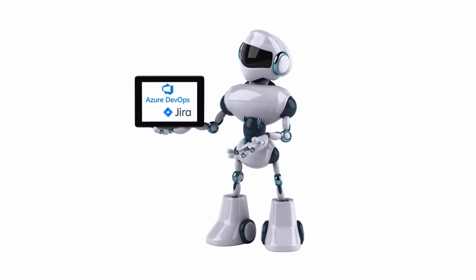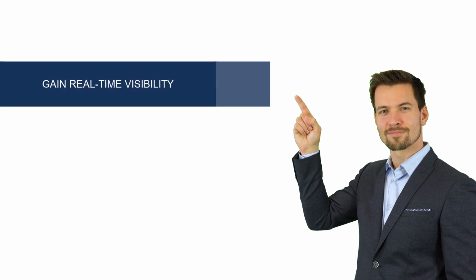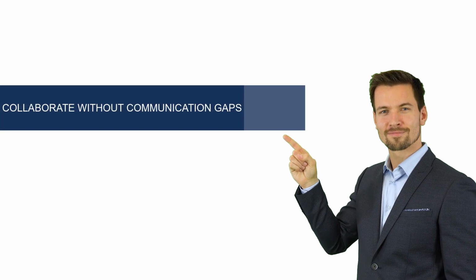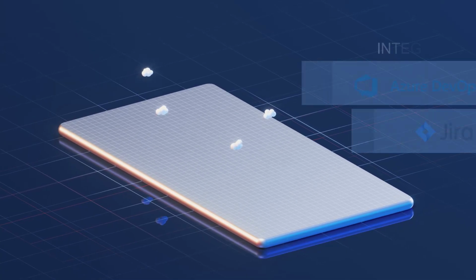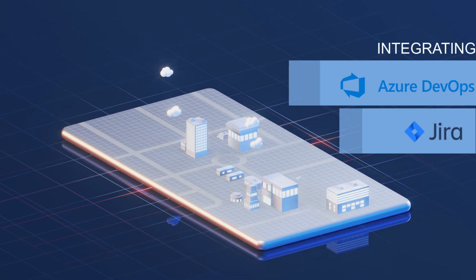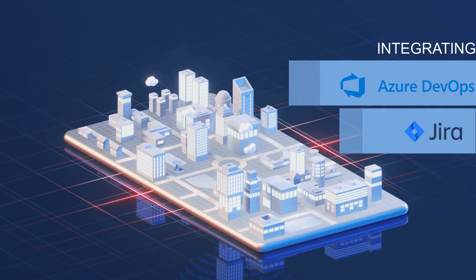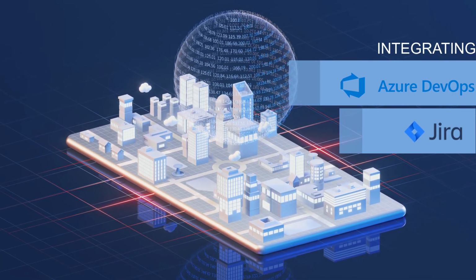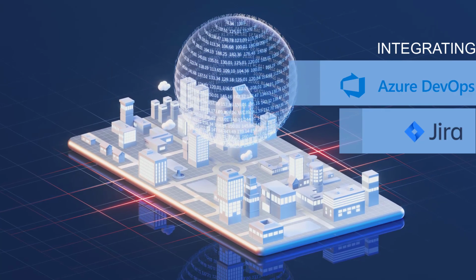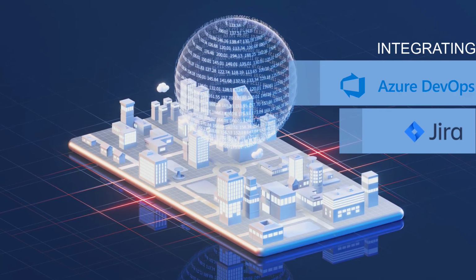Integrating Azure DevOps with Jira bridges the gap between your digital teams by helping them gain real-time visibility across the software delivery value stream, collaborate without communication gaps, and deliver seamless customer experiences. Ultimately, this integration empowers your development and project management teams to work better towards achieving a truly agile, innovation-first ecosystem.